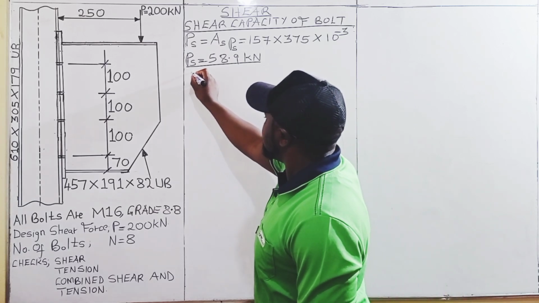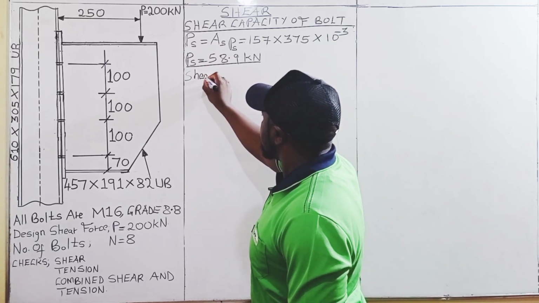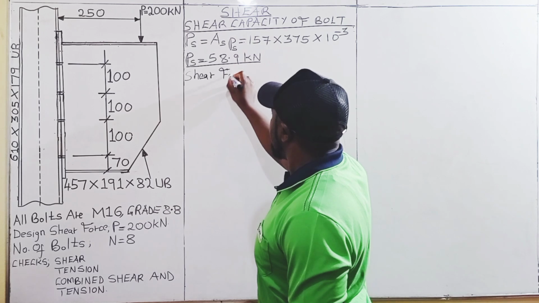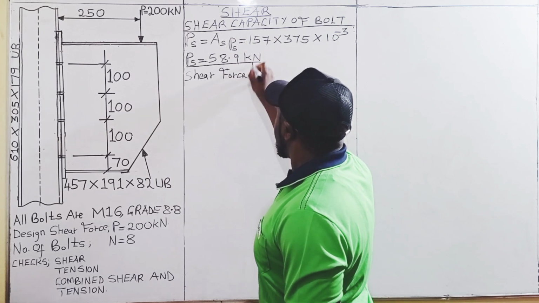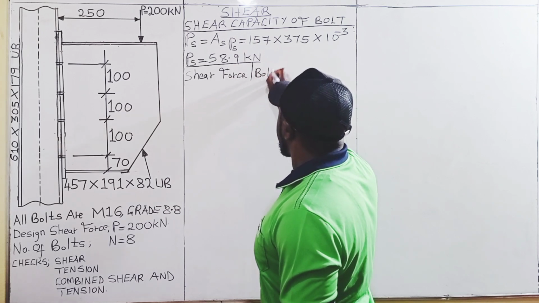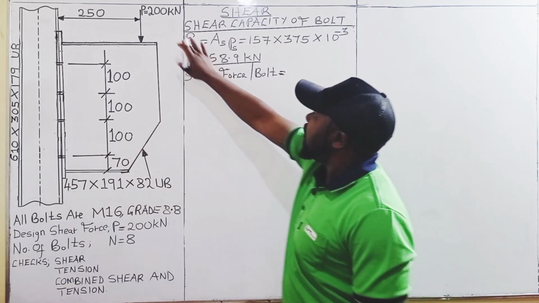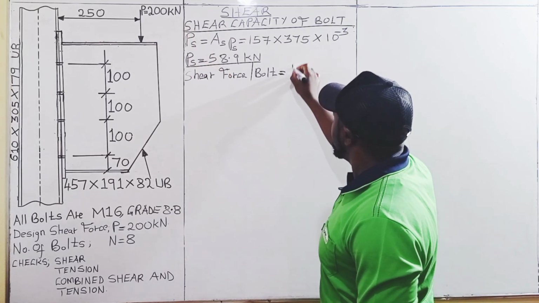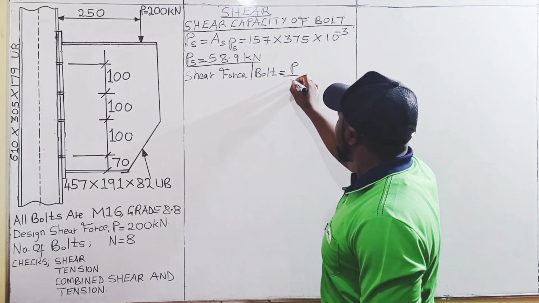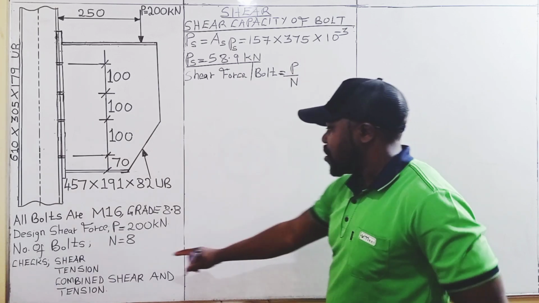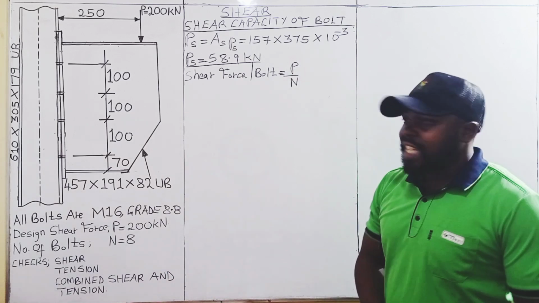The shear force per bolt is given by the design shear force, which is P, divided by the number of bolts, which is 8.